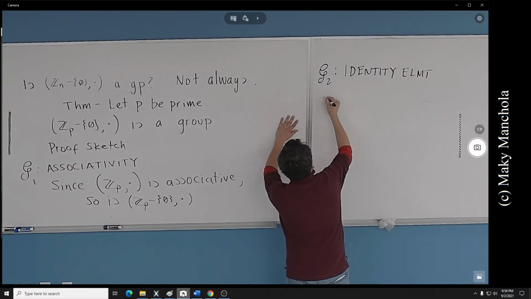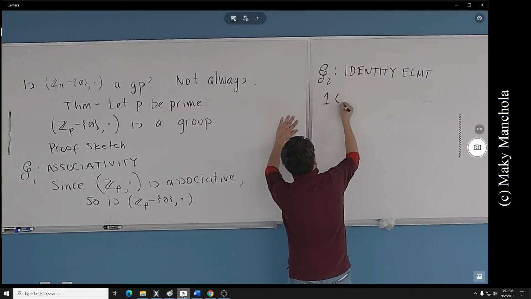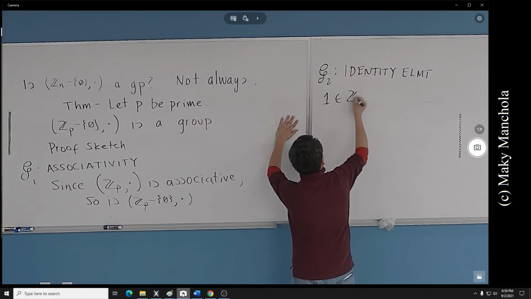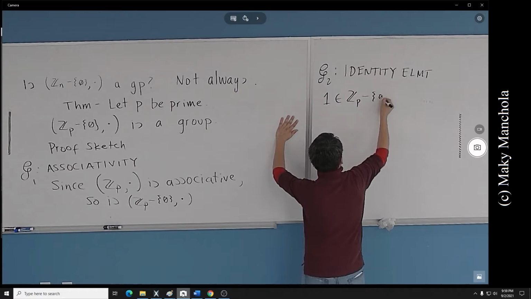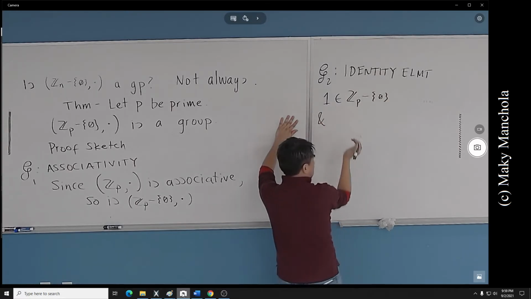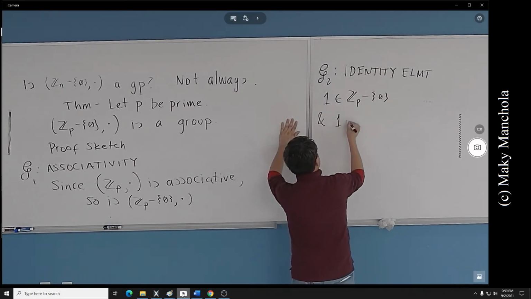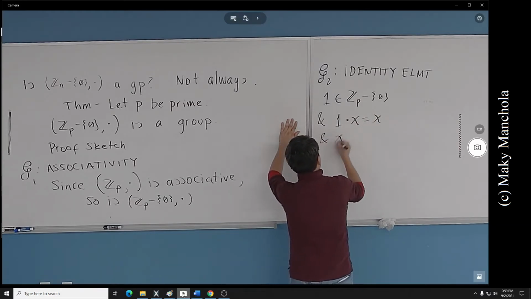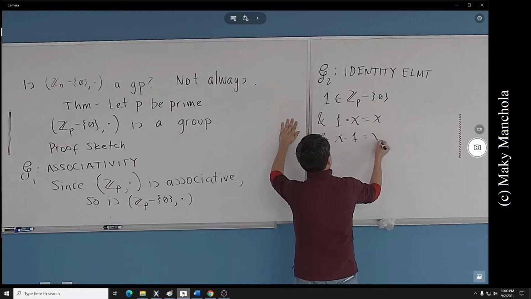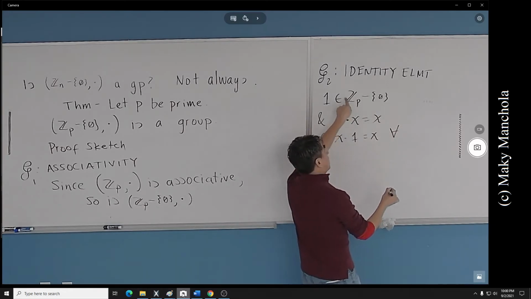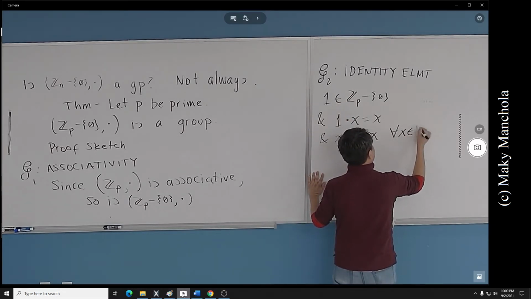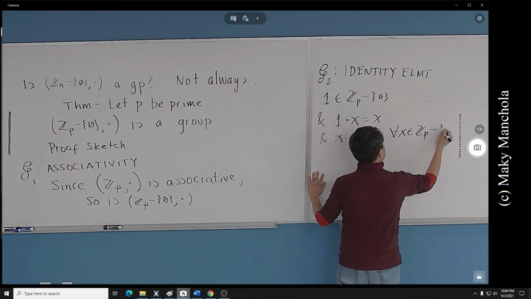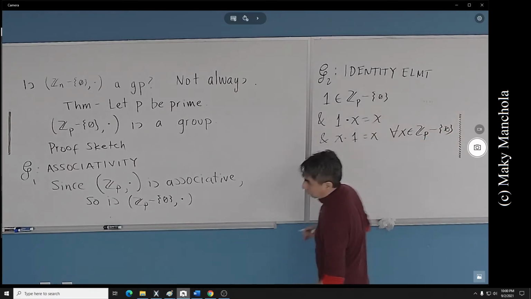So 1 belongs to the set ZP excluding 0, and it satisfies the condition that 1 dot x is x and x dot 1 is x for all elements of the set. Okay, so far so good.